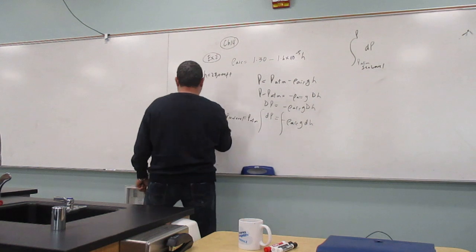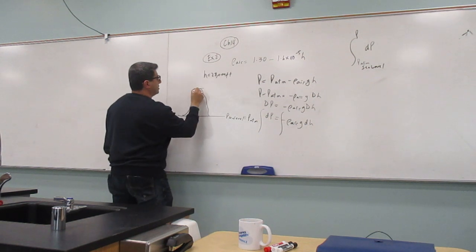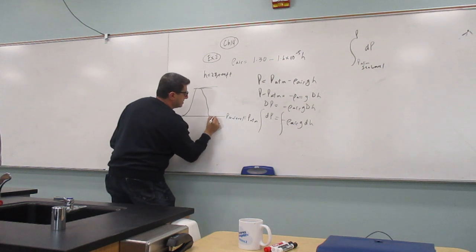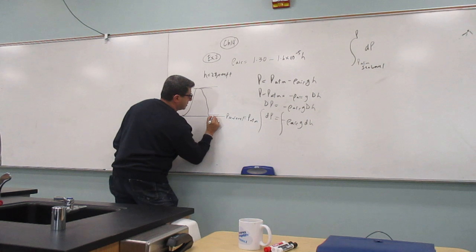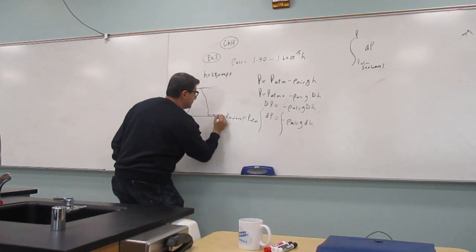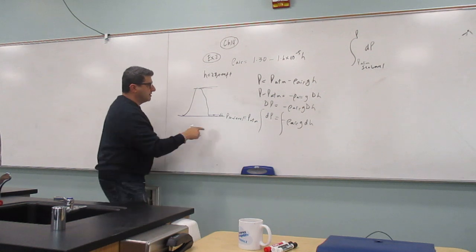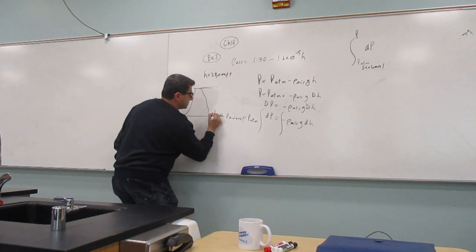So now we want to find, let's say here's a mountain or any place, right? We want to find the pressure here. So what's the meaning of the dP? The dP is the loss in pressure when you go up by a certain incremental height dH. So dP will give you the change of pressure from here to here, right?